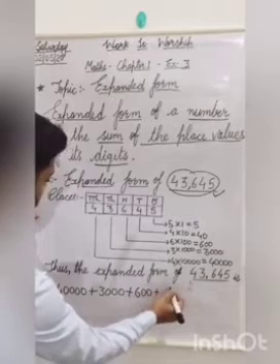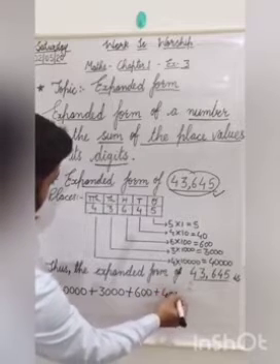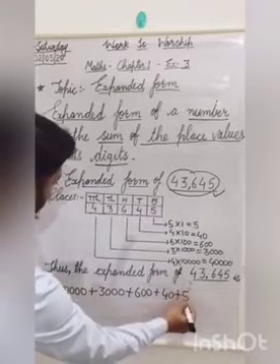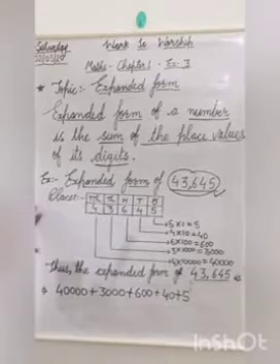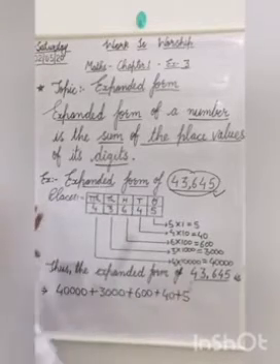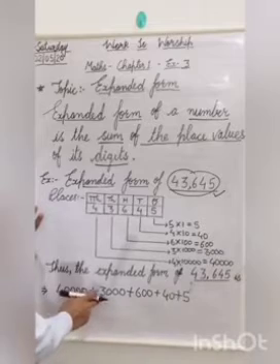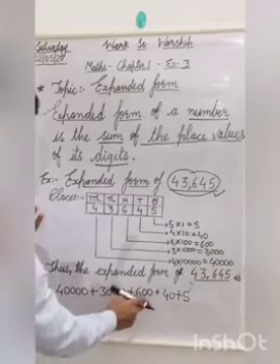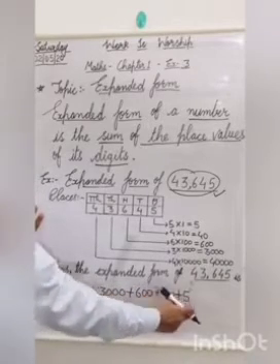Next one is 4 and the place value of 4 is 40. And next one is 5 and place value of 5 is 5. Here we have the expanded form of this number, 40,000 plus 3,000 plus 600 plus 40 plus 5.